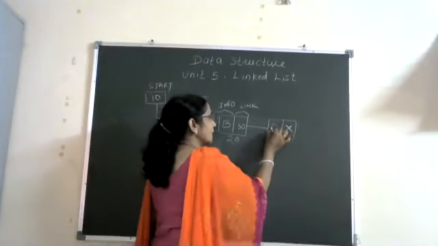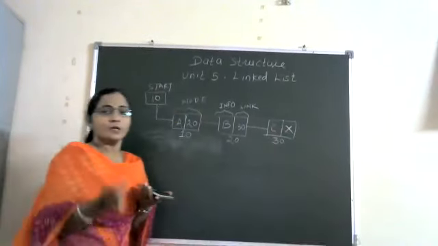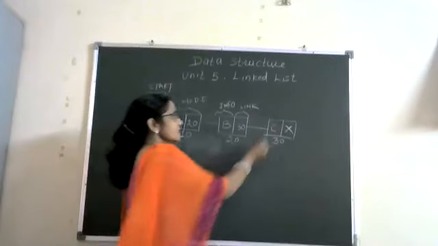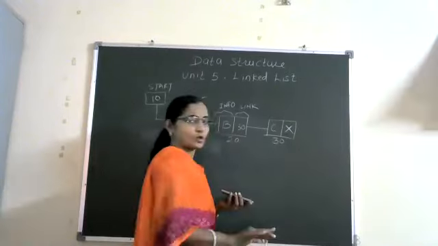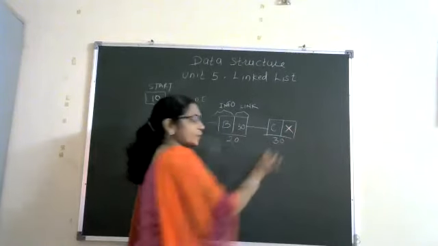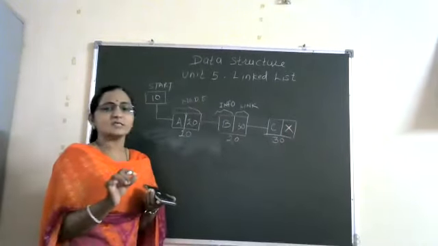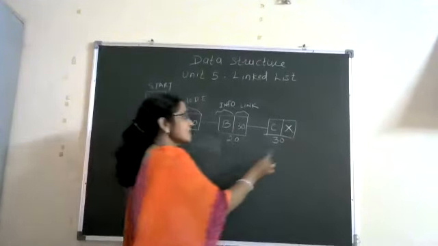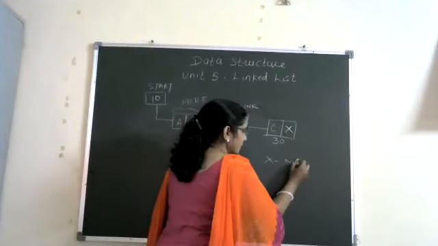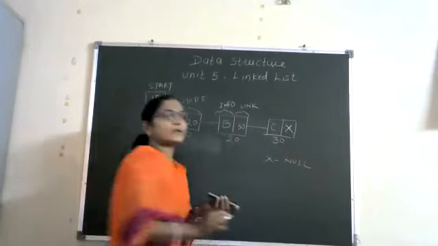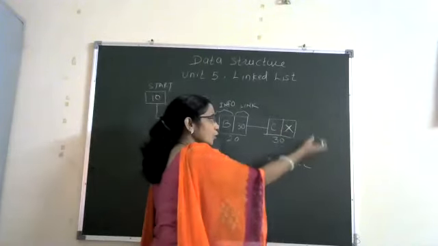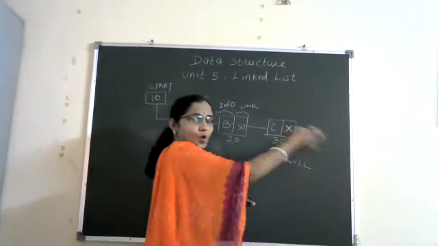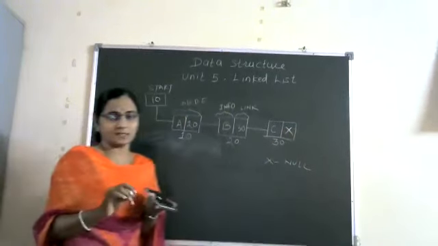Here I want to store the new data, that is capital C. This is the actual information, and as it is the last node, it consists of the cross, the null value. Cross means null, so the linked list terminates, with no more node in the linked list.